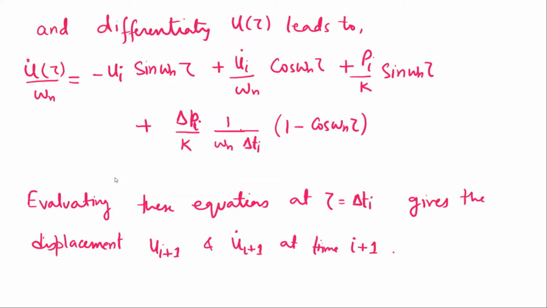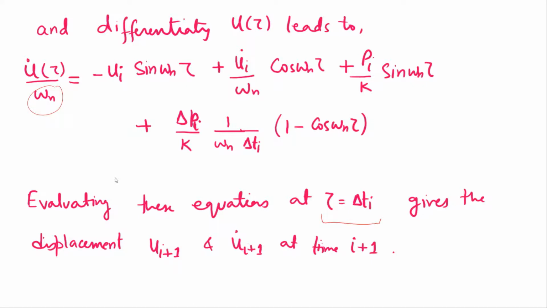So here we have solved for u tau. Now we will differentiate with respect to tau. So u dot tau, and omega n would be common from all, so we have taken it here divided by this side. And then we evaluate these equations at tau equals del ti.